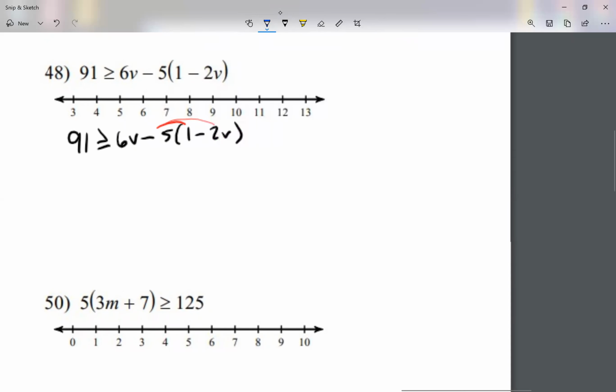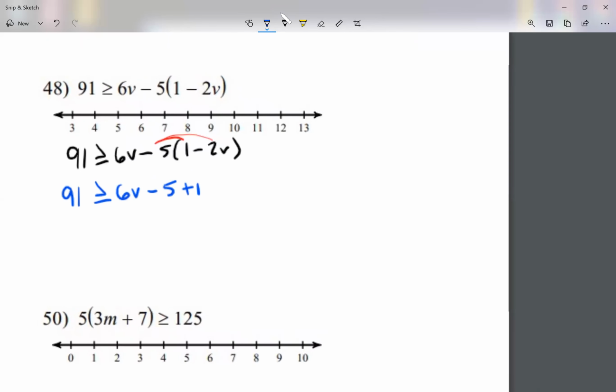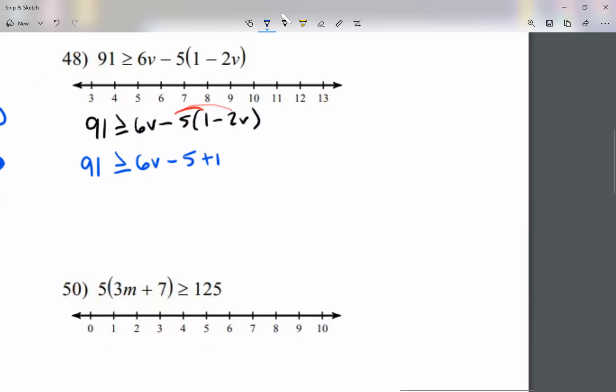I kept the sign. So I have 91 is greater or equal to 6v minus 5 plus 10v. Right? Negative times a negative gives me a positive. So that's why I'm going to call it positive 10v.